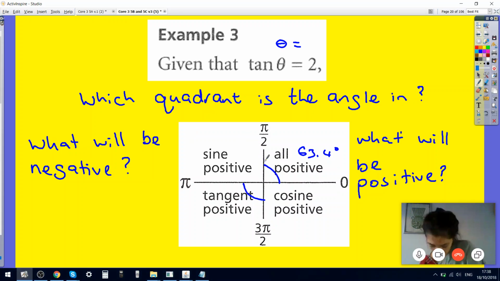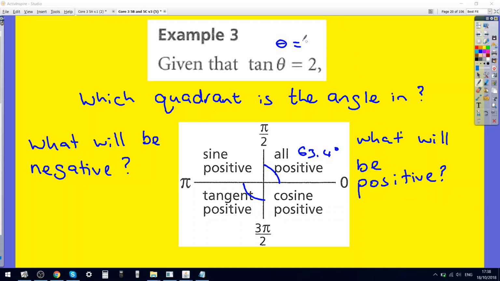And so 180 plus our first answer, what do you get? 243.4. So 63 and 243. So the 63 is in the all positive, or it could be 243 degrees, and that's in the tan only positive one. So those are the two possibilities there.